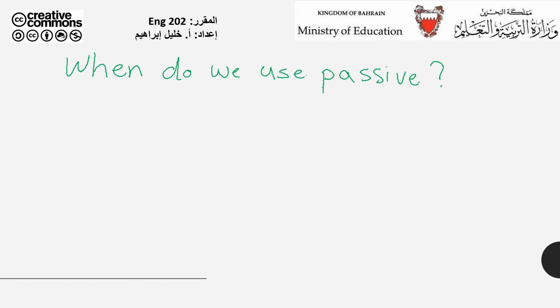The passive structure of the sentence is used if you don't know who is the doer of the action, or who does the verb. For example, the window was broken.